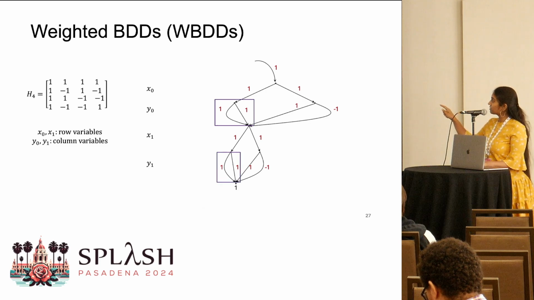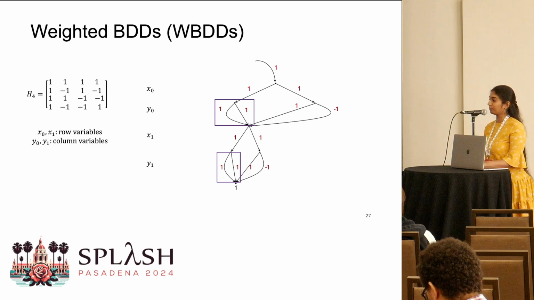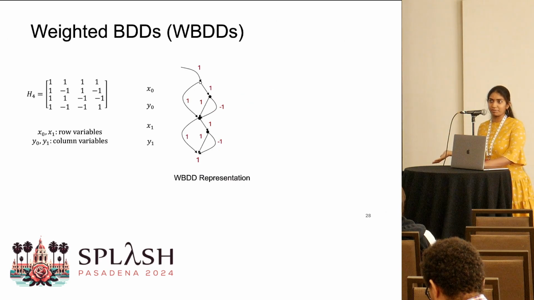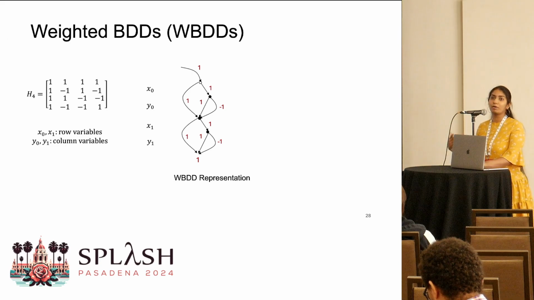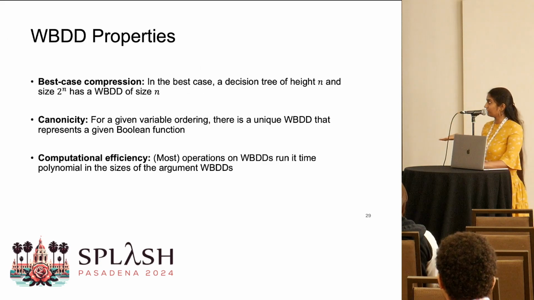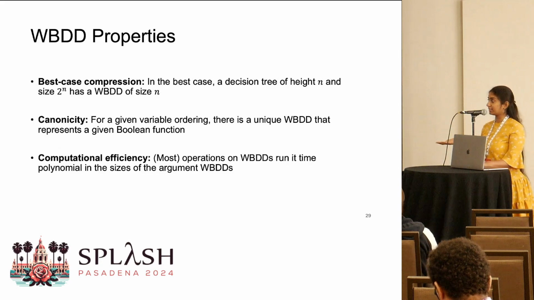As you can notice, there are decision nodes that point to the same next decision node, and you can remove them as well, and you have a weighted binary decision diagram representation. This is a very efficient representation. It's more compact than the decision tree representation. In the best case, you have an exponential compression, and you're also guaranteed canonicity.